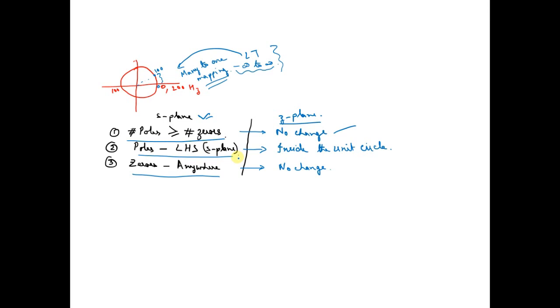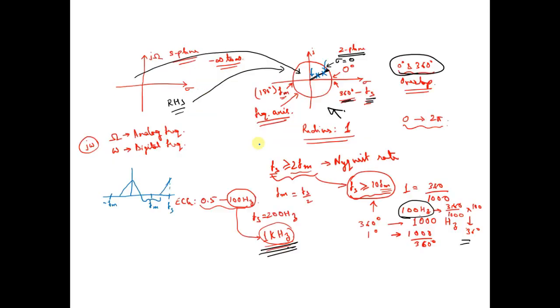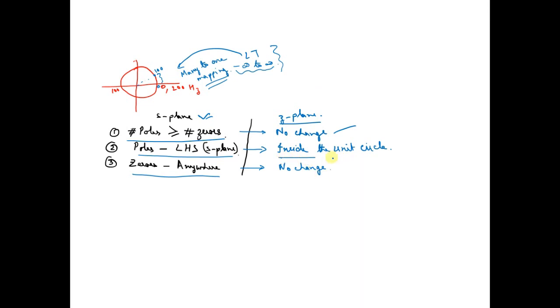Poles on the left hand side map inside the unit circle, and zeros anywhere, no change. Talking about the frequency components, we already discussed that there is a many to one mapping. One point can represent many frequency points.